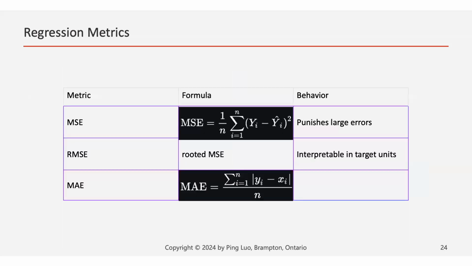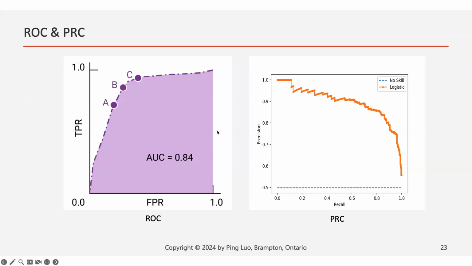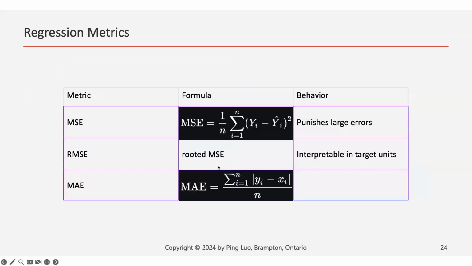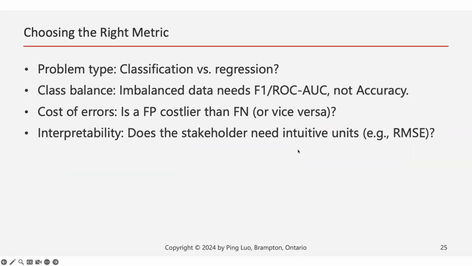Also, these are for classification. For regression, we can use mean square error and mean absolute error to compute the difference of the predicted values. As for which metric to choose, ideally you should choose the best method based on the topic you want to achieve.